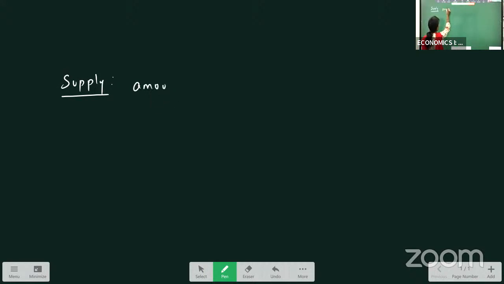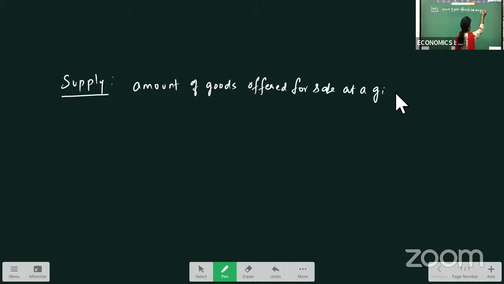Amount of goods offered for sale at a given price is called supply. Okay, at a particular time.